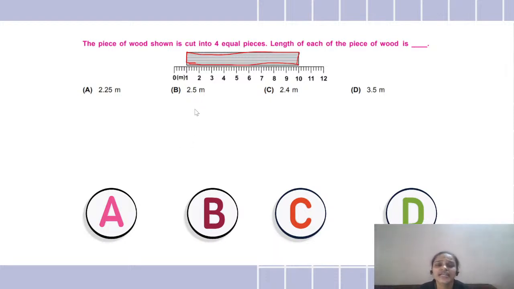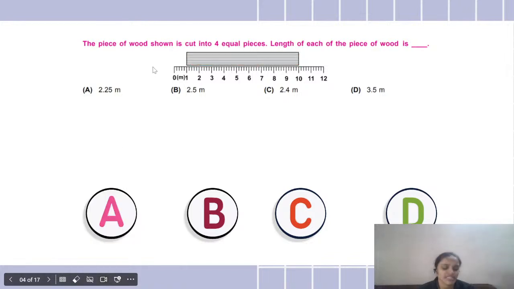Read the question carefully and find the answer. Okay. Are we getting any answer from Debyanshi and Ritika? Okay, Debyanshi has also given the answer B. Hindavi and Ritika. Okay, all of you have selected option B.